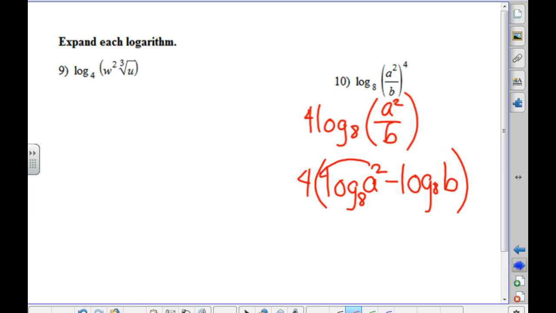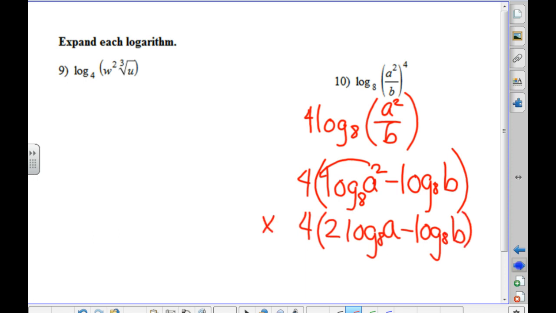No, you gotta have parentheses there, yeah. So we could write it as this. Yes, you could, this I would accept as an answer, or you can distribute the 4, so then it would say 8 log base 8 of A minus 4 log base 8 of B.